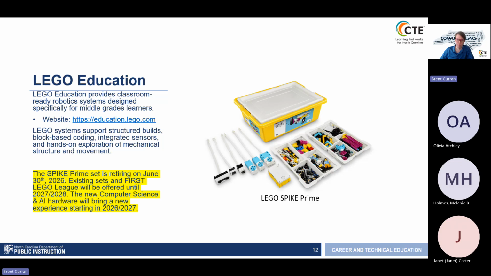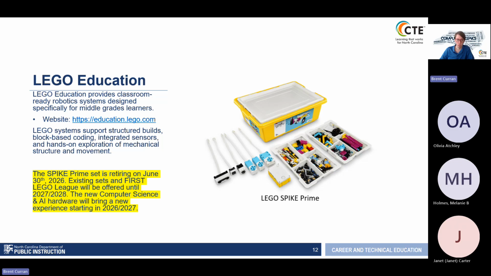So, from what I understand, you can purchase the system through June 30th. And then their competition with FIRST Robotics will go until 27-28. They are working on a new competition for their new hardware. I wouldn't recommend purchasing this, but if you have this, I wouldn't throw this away.